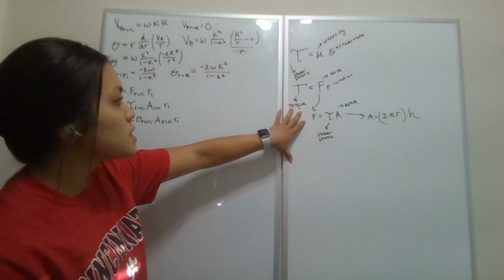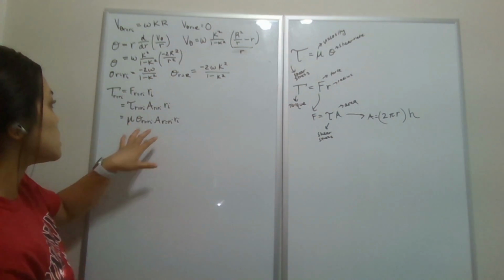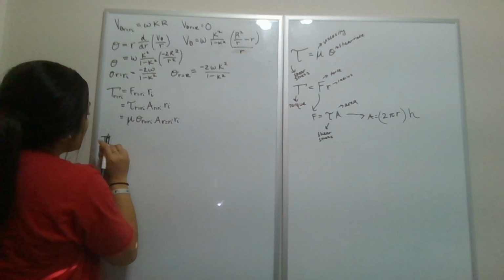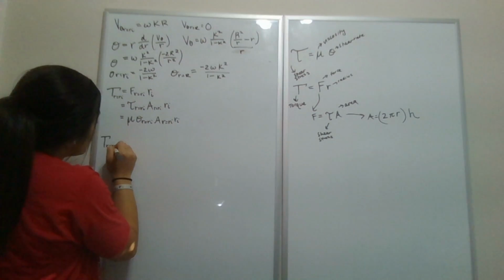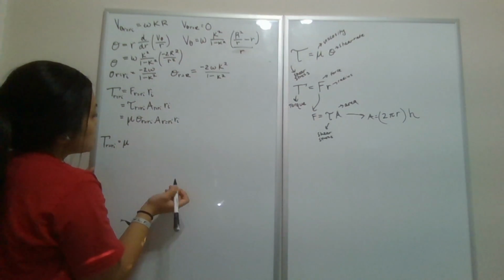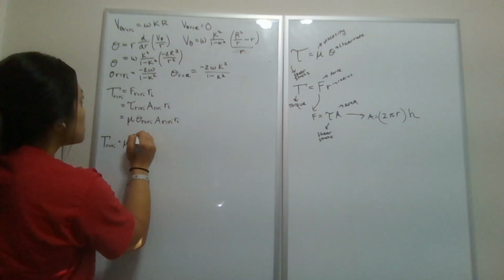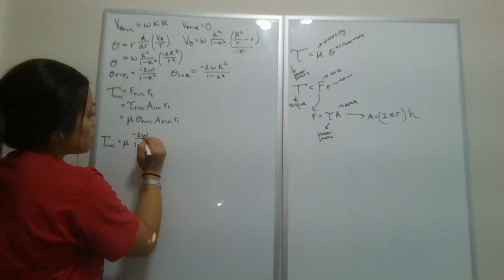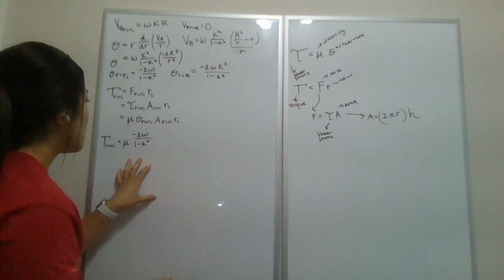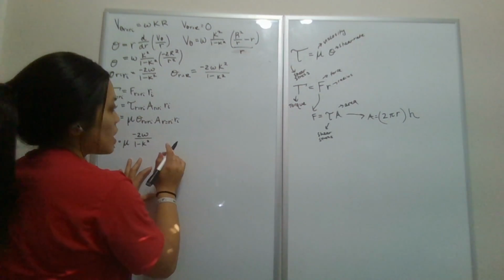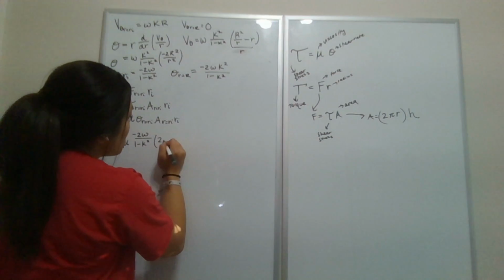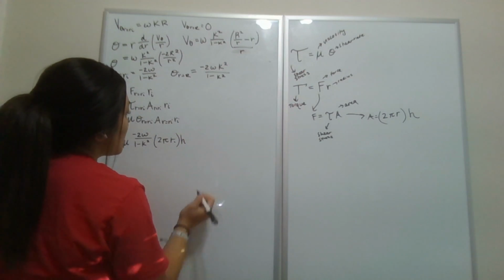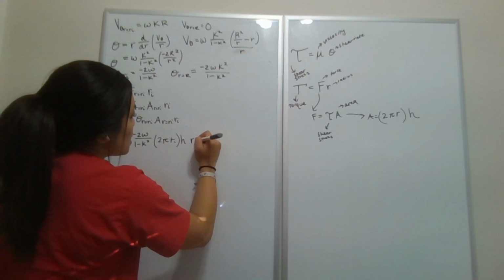So plugging this information in for that, as well as this information in for the shear rate, we are left with the torque at the inner radius equals the viscosity times -2 times the angular frequency divided by 1 minus the proportion between the inner and outer radii squared times the area at the inner radius, so that's going to be 2 pi times the inner radius times the height times the inner radius.